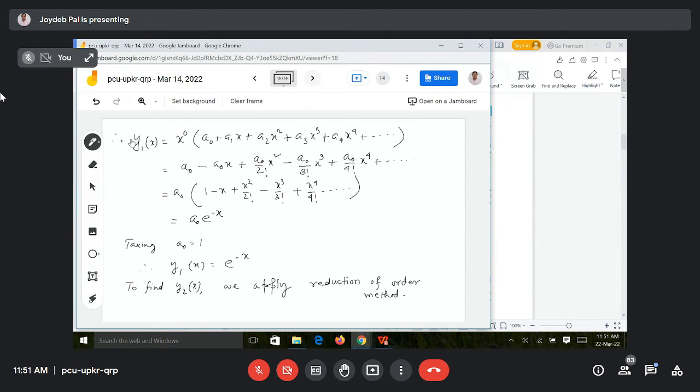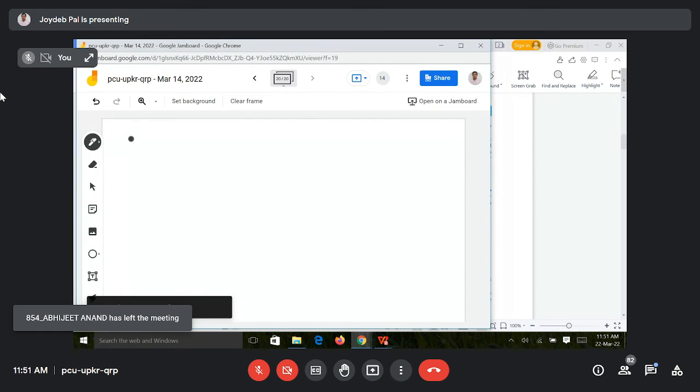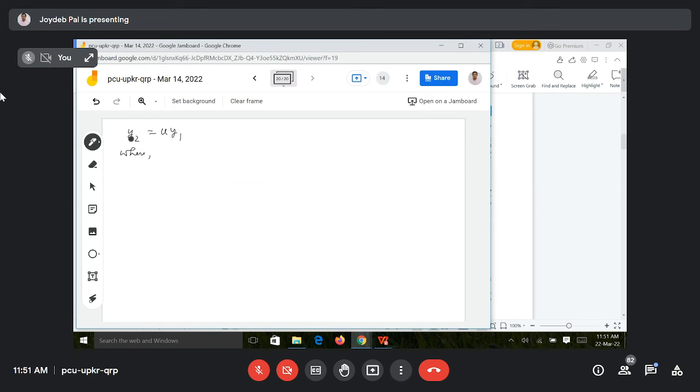Now, according to reduction of order, the formula is y2 equals u times y1, where u is equal to, what is the formula? 1 by y1 square times e to the power minus the integral of p(x) dx. Now, y1 is e to the power minus x, so y1 square is e to the power minus 2x.